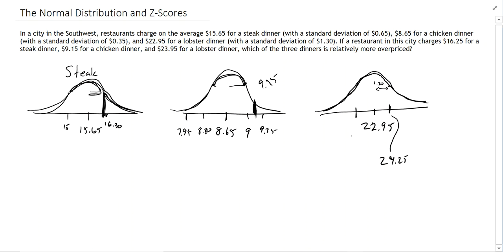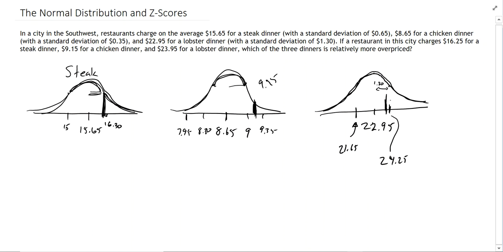And if you subtract $1.30, you'll be at $21.65. That would be at that location. We are looking at a price of $23.95. So $23.95 would only be $1 above average, but it's going to be less than that one standard deviation. It's going to be in that spot there.